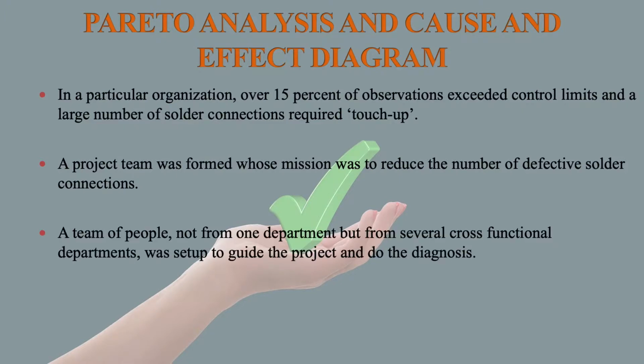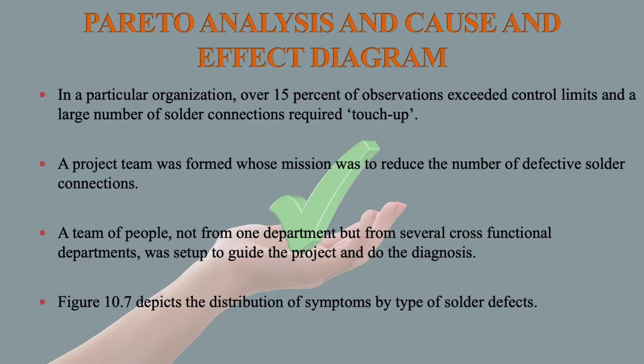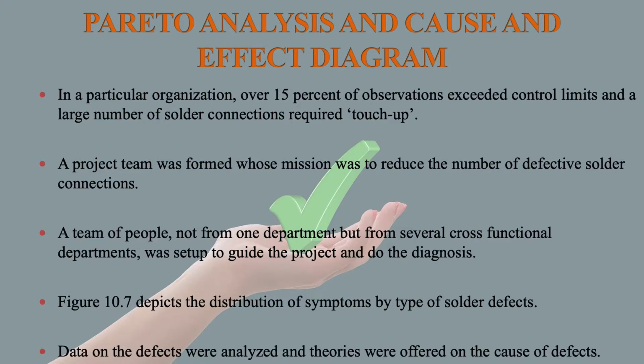A team of people not from one department but from several cross-functional departments was set up to guide the project and do the diagnosis. Figure 10.7 depicts the distribution of symptoms by type of solder defects. Data on the defects were analyzed and theories were offered on the cause of defects.